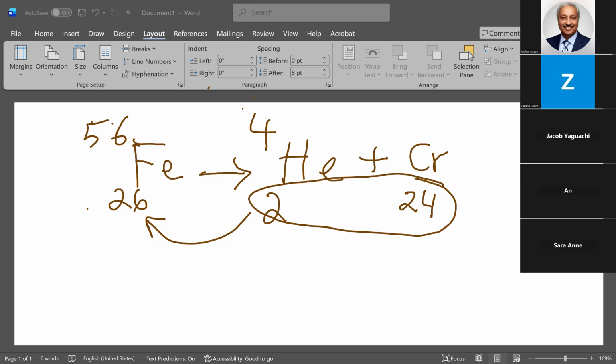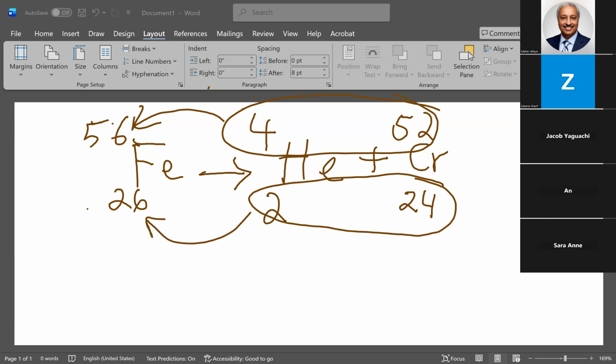Correct. Because it's the alpha emission out of iron that made chromium. How about the atomic mass of chromium? 56 minus 4 is 52. You can add those together to equal this.